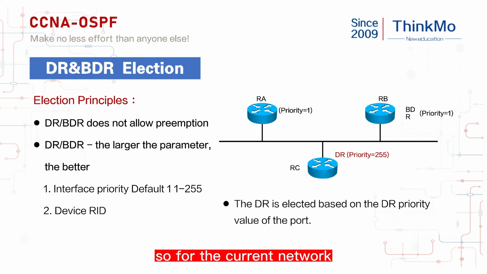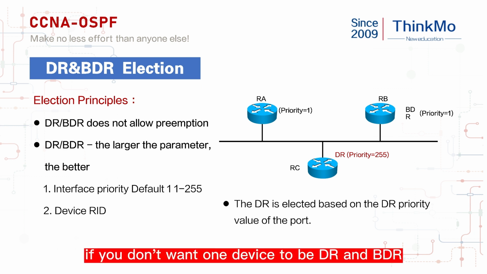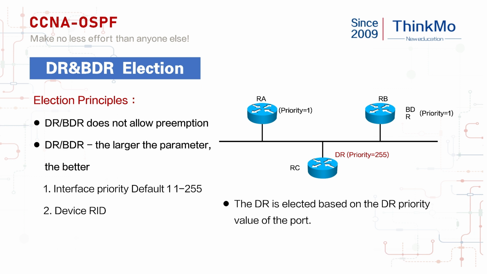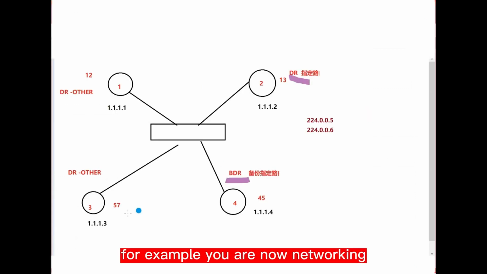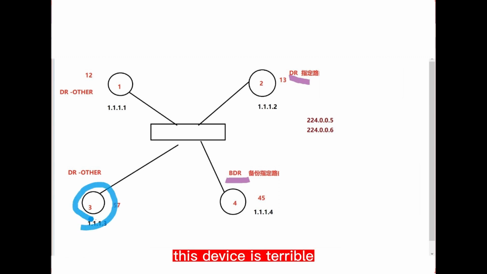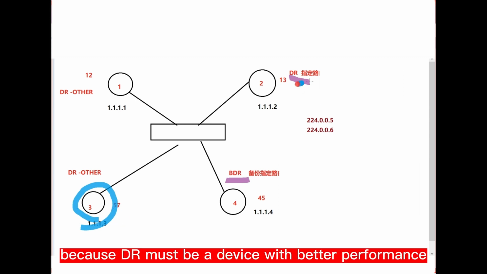For the current network, if you don't want one device to be DR or BDR, do you know why there is such a demand? For example, among these 4 devices, this device is terrible and you don't want it to be a DR, because a DR must be a device with better performance.